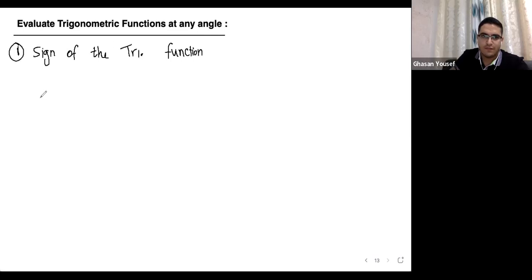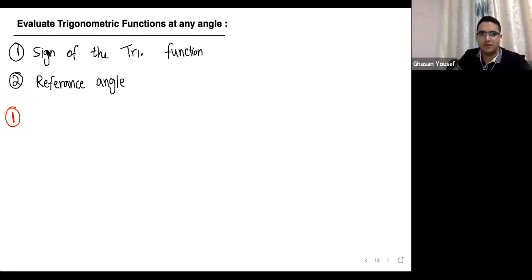The second step is to find the reference angle. So I'm going to explain the first step here. Step number one: how we can find the sign of the trigonometric function.